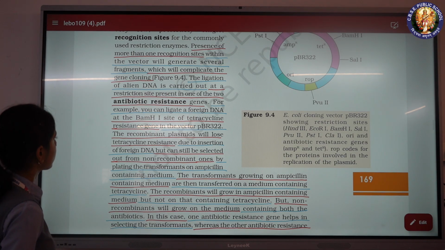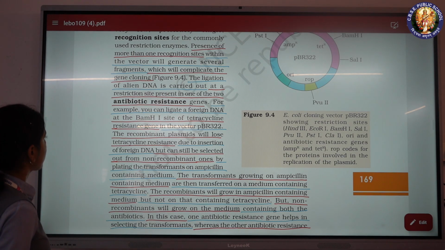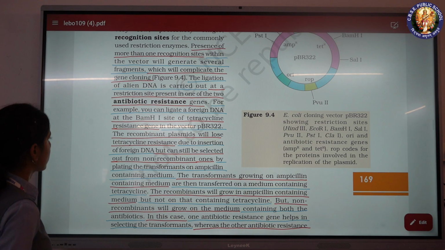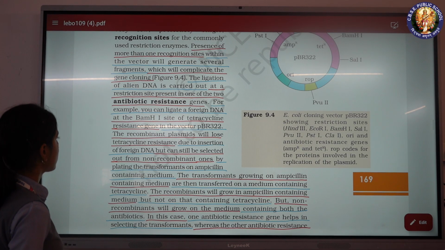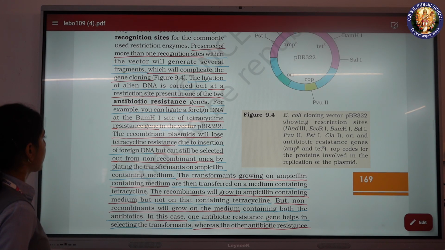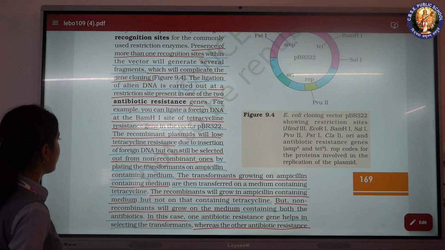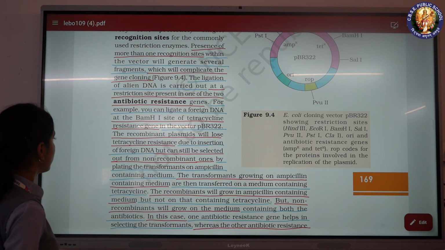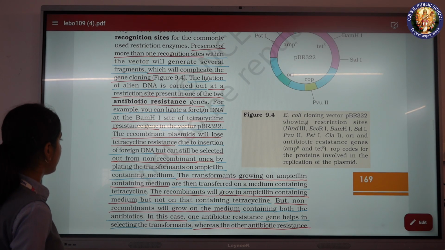The recombinant plasmid will lose tetracycline resistance due to insertion of foreign DNA, but can still be selected out from non-recombinant ones by plating the transformants on ampicillin containing medium.